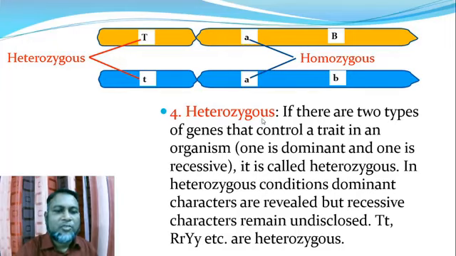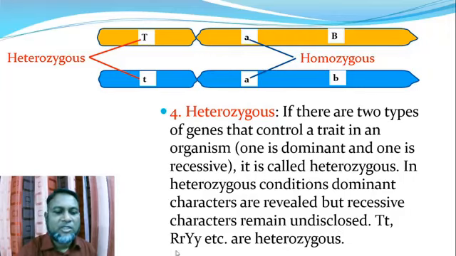Next, we explain heterozygous. If there are two types of genes that control a trait in an organism, one dominant and one recessive, it is called heterozygous. In heterozygous conditions, dominant characters are revealed but recessive characters remain undisclosed.